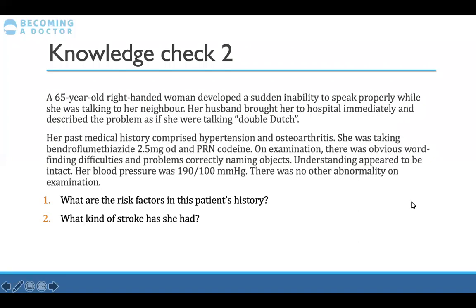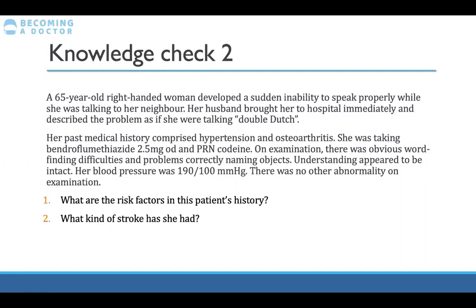Okay, let's do a few cases. So I'm going to read the case out and let's think about it together, okay? A 65-year-old right-handed woman, so we've got the dominance there, developed a sudden inability to speak properly while she was talking to her neighbor. Her husband brought her to hospital immediately and described the problem as if she were talking double Dutch.